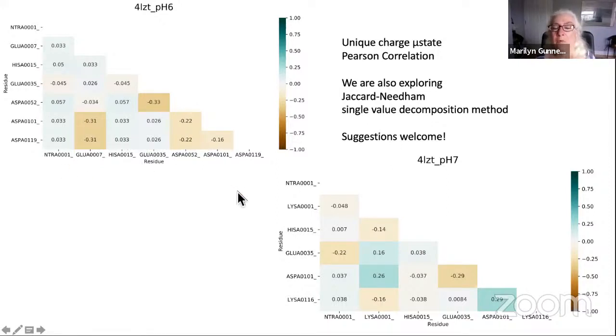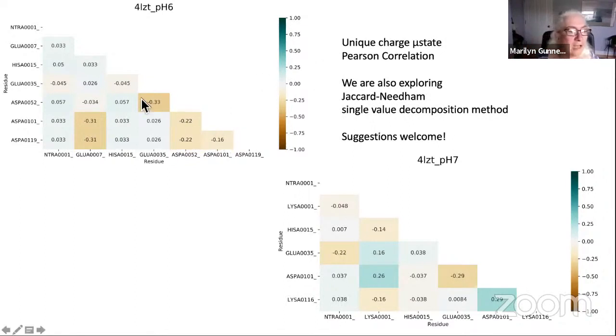There isn't a number line for ionization. You're either yes or no. So this is something which is more appropriate for a binary distribution. And so we're kind of looking at this.